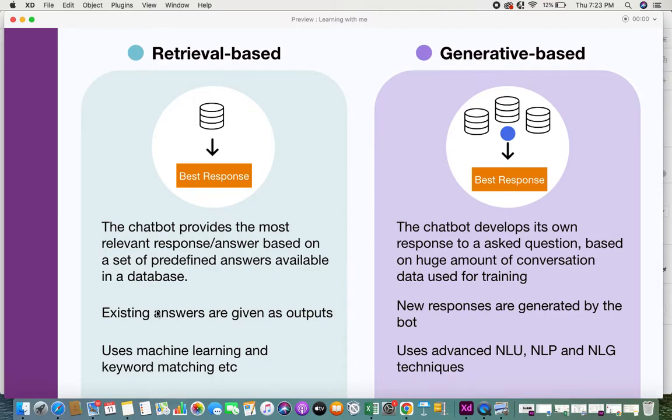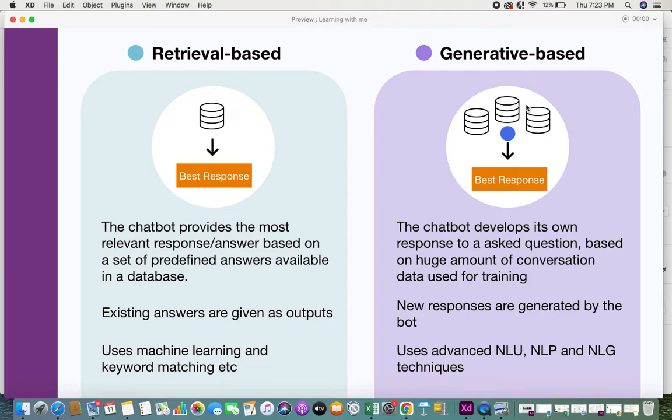So in retrieval based, only existing answers are given out as outputs. If a business wants only certain answers to be given out for certain questions, they can very well go with this type of model, retrieval based. But sometimes if you want to build bots that are really human like, then you have to go for generative based, because the bot would generate its own answer and its own output.